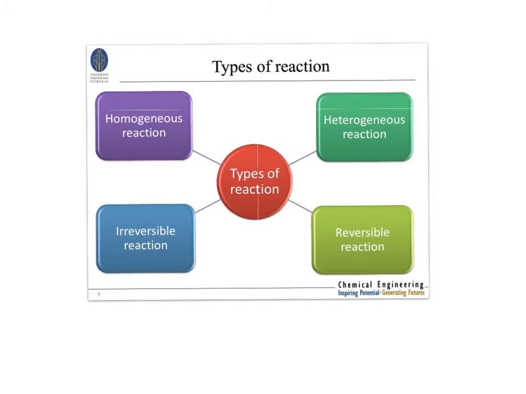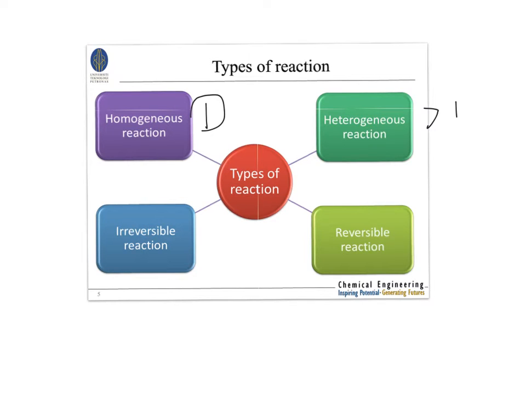So in reaction engineering, we are dealing with 4 types of reaction. Homogeneous reaction involves only one phase, and the opposite is heterogeneous reaction, which involves more than one phase, and the reaction usually occurs at the interface between the phases.